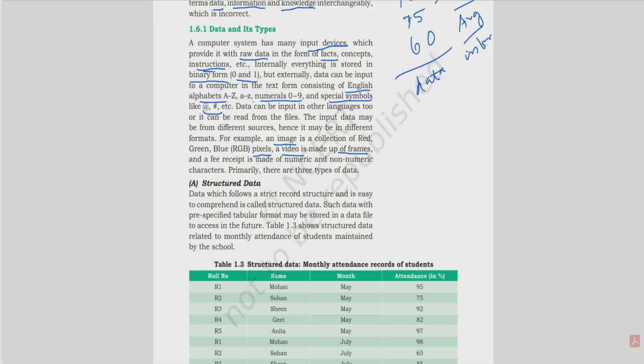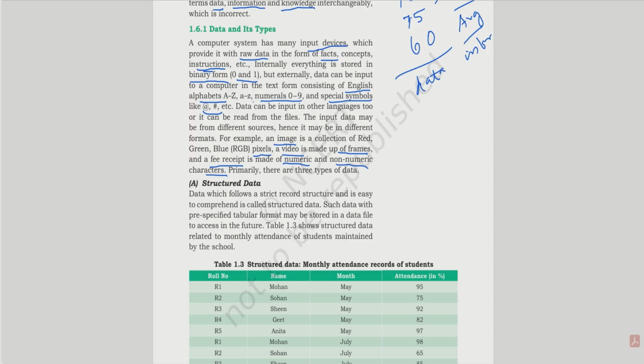If the user is entering details about a fee receipt, then it will have many numbers and non-numerical characters. So the input can be in different forms, but the user will enter it using alphabets, numerals and special symbols. It will be stored in the computer in binary form, that is zeros and ones.